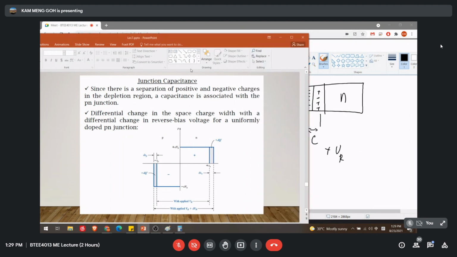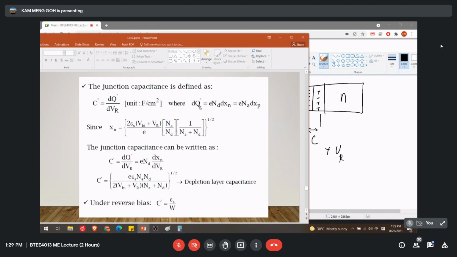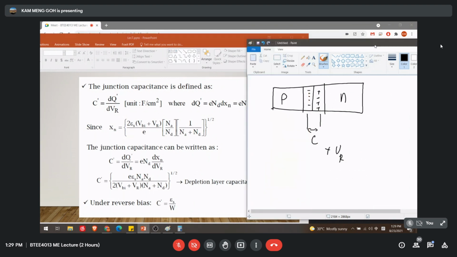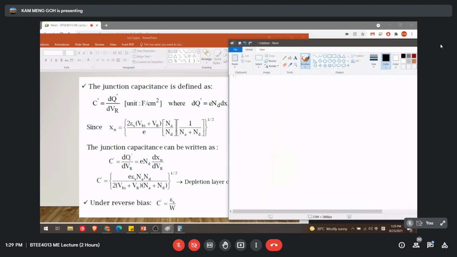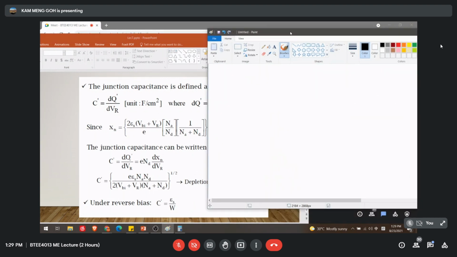But how are we going to calculate the junction capacitance? There might be some formula that you need to know. At first, we need to do some derivation. Junction capacitance we normally define as C with an apostrophe. Then this will be equal to dQ over dVR.